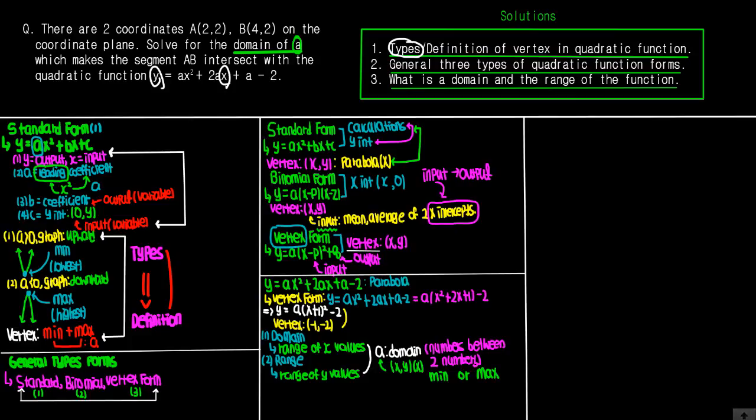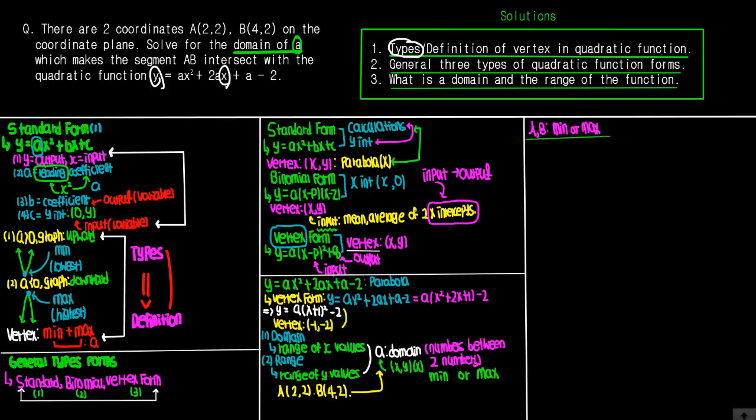As we can see, this function passes through the two points: point A, which is 2, 2, and our point B, which is 4, 2. A and B are the only given points, which means point A and point B should be either the minimum or the maximum values that a can be.